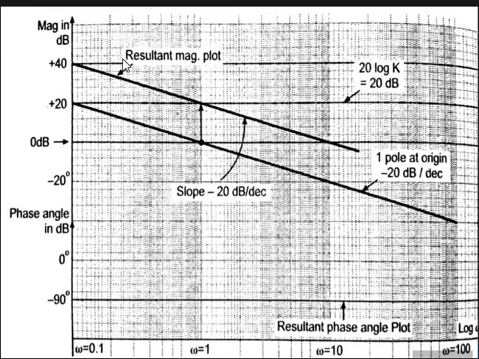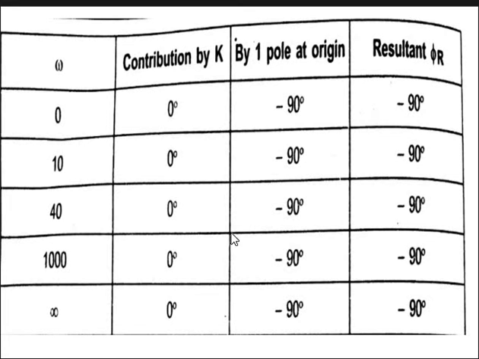Next, draw the phase plot. Below this horizontal line we consider the phase angles. The reference is the 0 degrees line. Above the 0 degrees line positive angles will be there, below it negative values: 0 degrees, minus 90, minus 180, like that. We already completed the calculations.